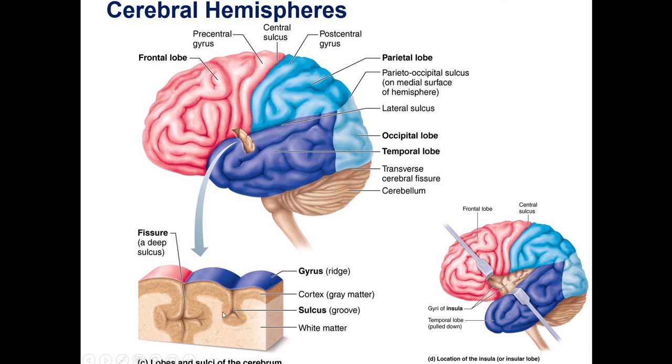And by packing in more neurons, we get more cognitive power. So the gyri are the ridges, the sulci are the grooves, and the fissures are those deeper grooves that we see separating, for instance, the cerebellum from the cerebrum, or separating the 2 hemispheres of the cerebrum. So the sulci and the gyri are very important in allowing us to have really good cognitive power.